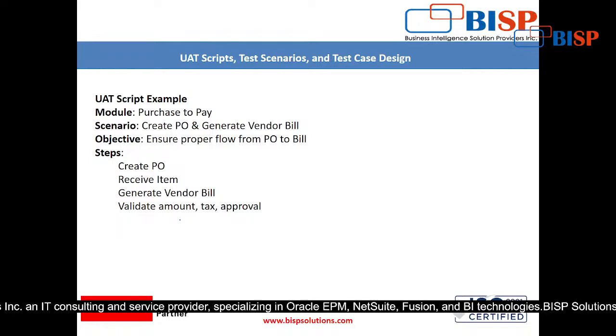Validate amount, tax, approvals, all these things. Now you will see generate vendor bill and validate. So these are the steps.